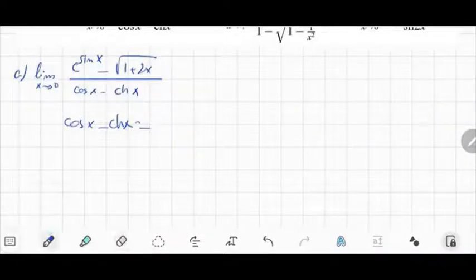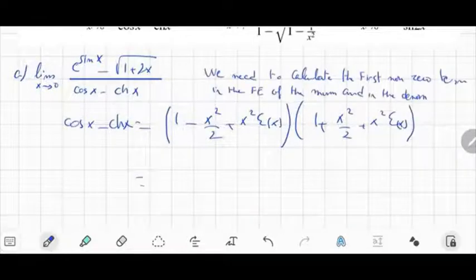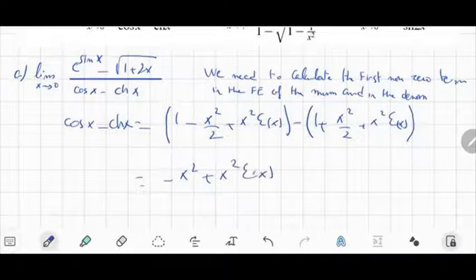So I will calculate the finite expansion of cosine x to the order 2, 1 minus x2 over 2 plus x2 epsilon of x, and chx, 1 plus x2 over 2 plus x2 epsilon of x. This will be equal to 1 minus 1 is equal to 0, and then minus x2 over 2 minus x2 over 2 is equal to minus x2 plus x2 epsilon of x.